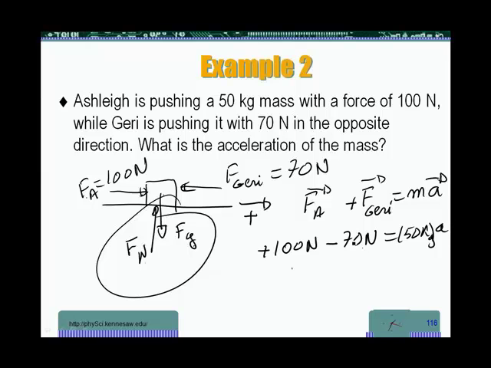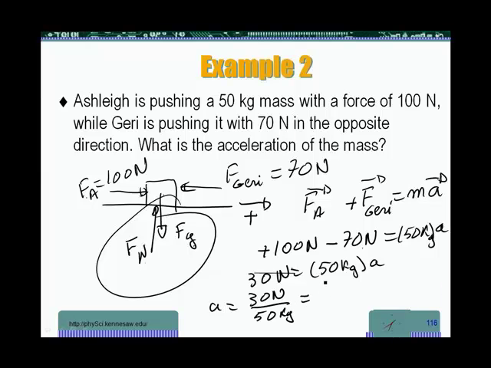Now 100 minus 70, that gives us 30 newtons, is equal to 50 kilograms times a. So solving for a, it's 30 newtons over 50 kilograms, dividing both sides by 50 kilograms.